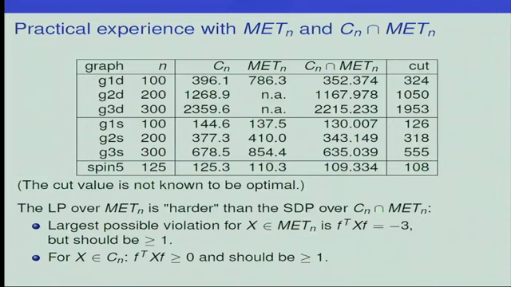And also another thing that happens is that, in a sense, the relaxation over the metric polytope is a lot weaker than the relaxation over the correlation matrices. If we look at these valid inequalities that we were getting for the F transpose F XF for the triangles, in the metric polytope, you can go all the way to -3 in terms of the value that this can take, when in fact it should be at least 1.